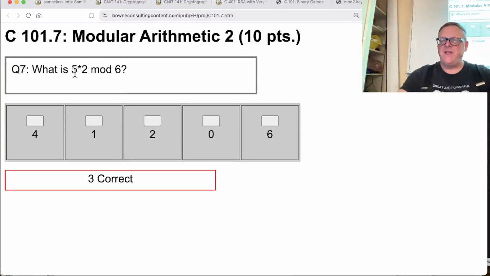That's 4, right? This is 10 mod 6, which is 6 plus 4.